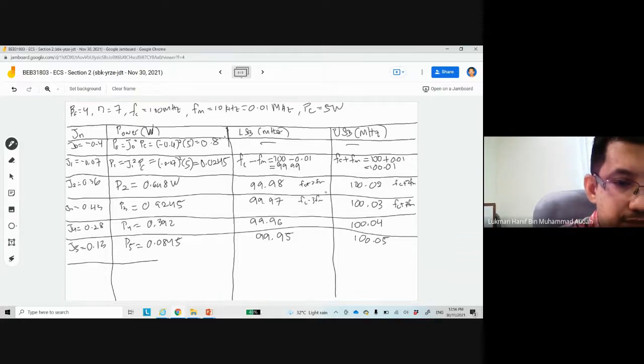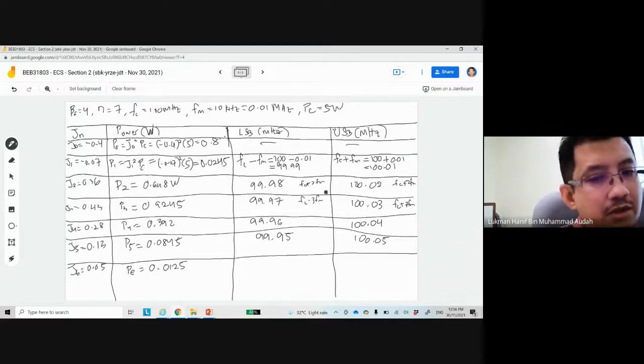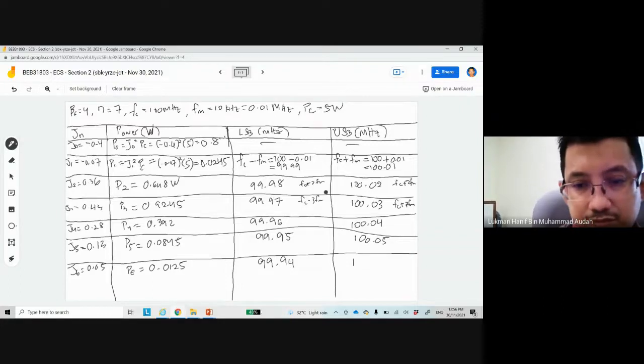And then P6. So J6 is equal to 0.05. And P6 is equal to 0.0125 watt, located at 99.94 and 100.06. So this goes up to 6 FM. So this is FC minus 6 FM.